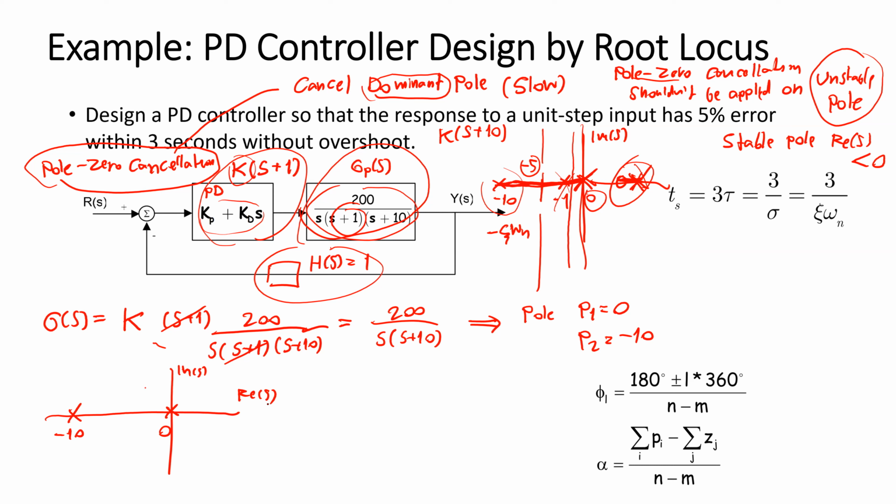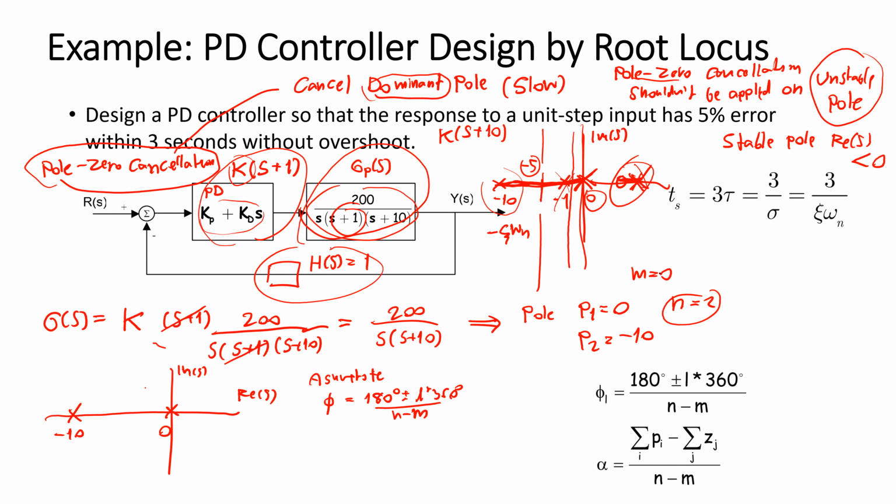What is the asymptote of this root locus? The angle of the asymptote: we have two poles and we have no zero.